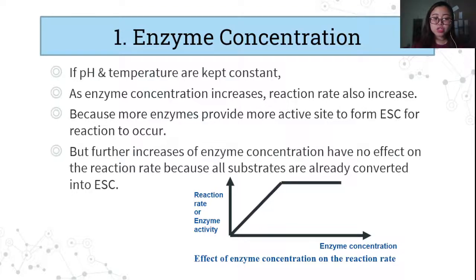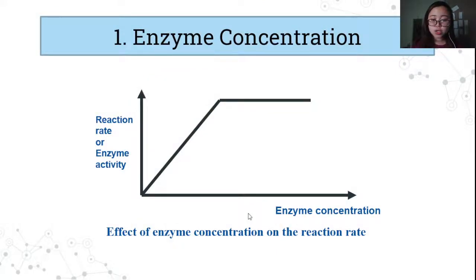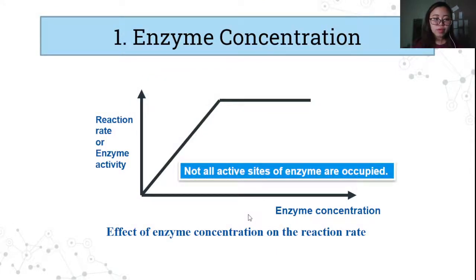But further increase of the enzyme concentration could have no effect on the reaction rate because all substrates are already converted into ESC. So what is shown in this graph here? Kalau kita kasih tambah enzyme concentration, rate of reaction ataupun enzyme activity akan semakin meningkat. And this is at a point when not all active sites of enzymes are occupied.